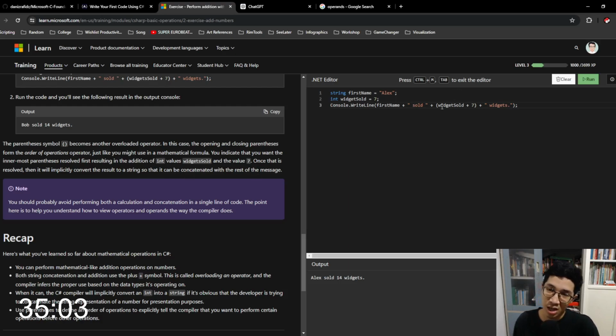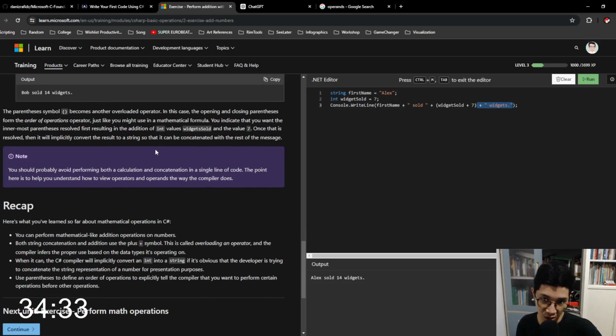Oh, I see. After this is calculated, it will go back to the string data type, because everything is string outside of the parentheses. This will go back to string to adapt to its friends here, so it can be concatenated. I see how it works.